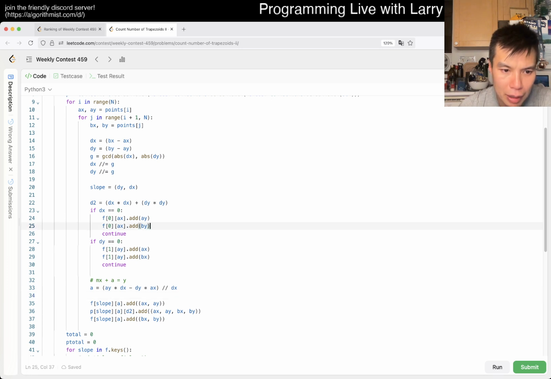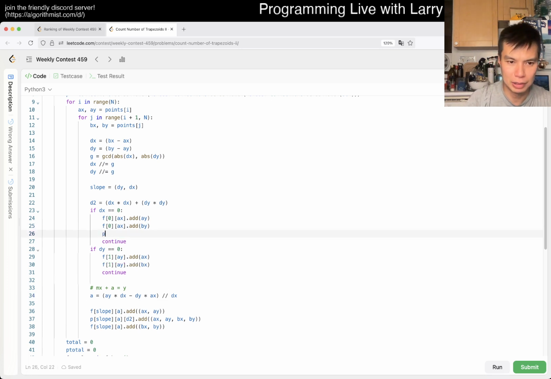Okay, fine. So now slope is technically 0, but the a is a little bit awkward. What is a? I guess we just use ax intercept, fine. 2 dot add, I guess this is fine.